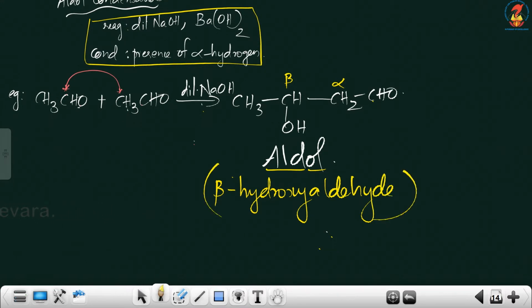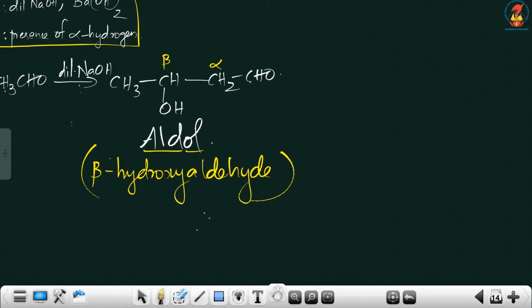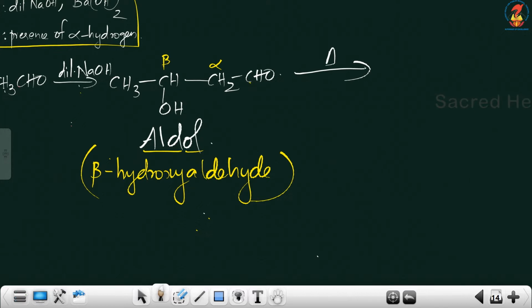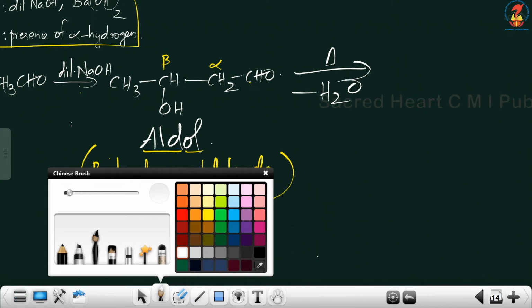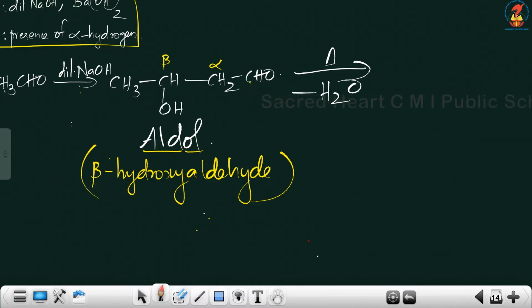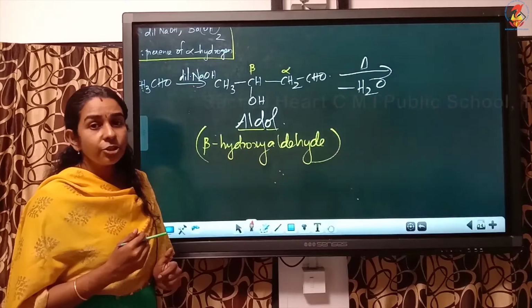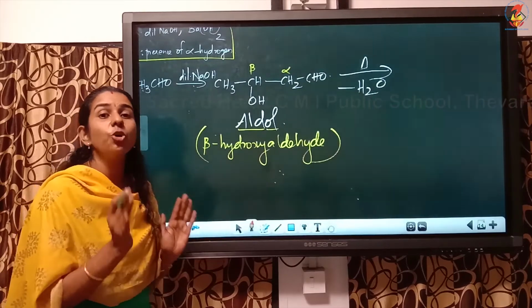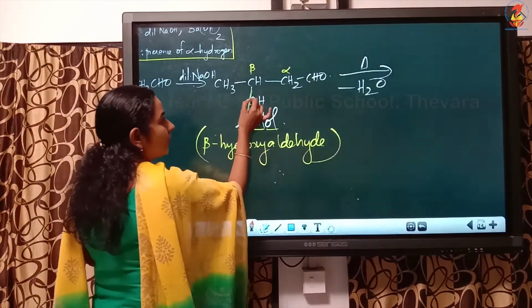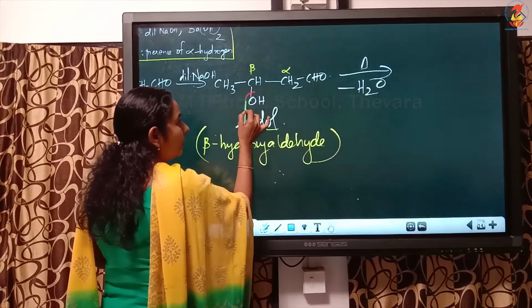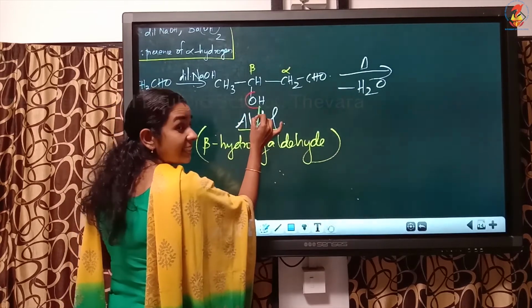Aldol is also known as beta hydroxy aldehyde, which on heating undergoes elimination of water. How does the elimination of water take place? Whenever we study the reactions of water, we study it as HOH, isn't it? So OH will be taken from this carbon and hydrogen from the adjacent carbon.